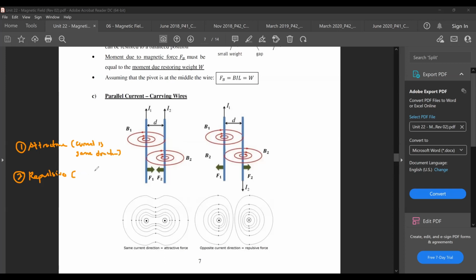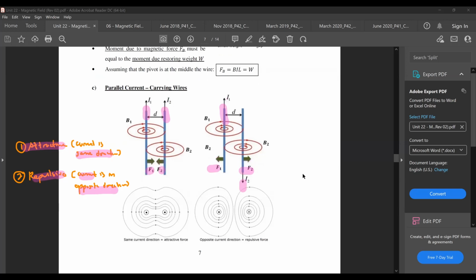For cases where the magnetic forces between the wires are repulsive, current is in opposite directions. Okay, so it helps to remember this because sometimes it will simplify your working. If your current is in the same direction, usually it will be attractive. But if your current is in the opposite direction, like the ones that you see here, the forces are repulsive. Okay, so that is one thing to take note of.